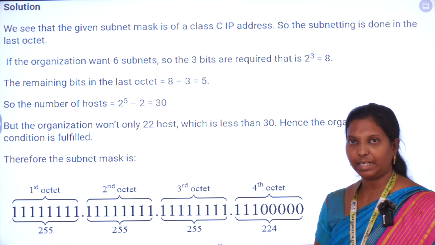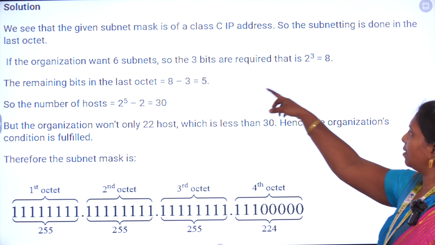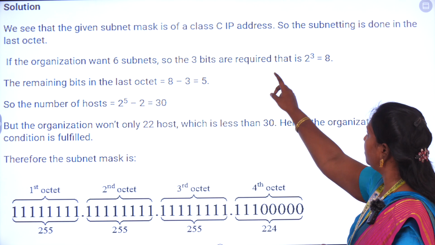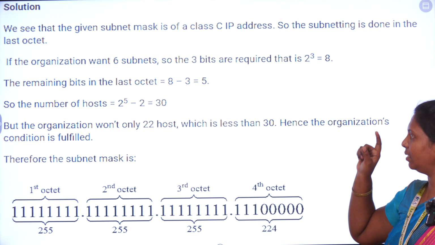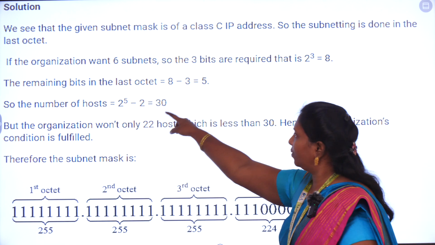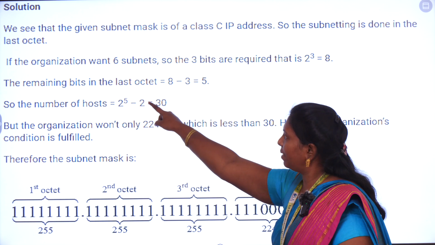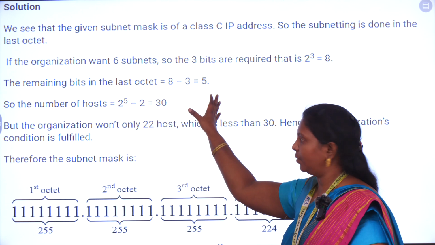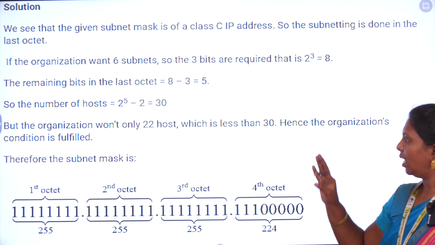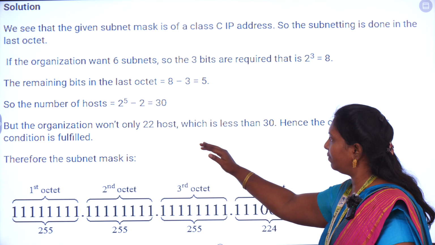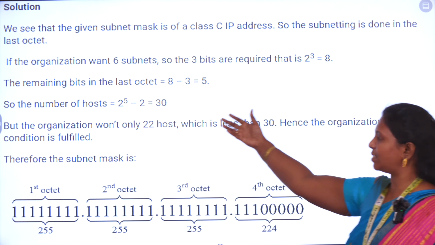So when we derive it, 6 subnets are given, and then 3 bits are required for that. So 2 to the power 3 is 8, and the block is 30 hosts. Here the remaining bits in the last octet are 5. So 2 to the power 5 minus 2 gives 30 hosts. Again, we have an octet, and within it, for the 22 hosts we should present 30.